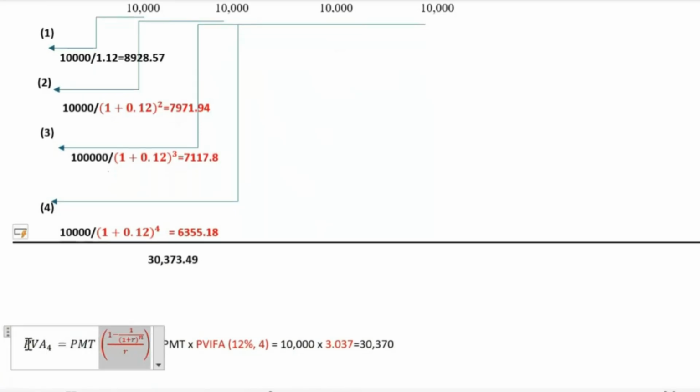This is the general formula for present value annuity. Again, we use PMT to denote the size of the annuity. The formula becomes more complicated. If you substitute PMT with 10,000, R with 0.12, and N with 4, and do it correctly, you'll get the same answer.